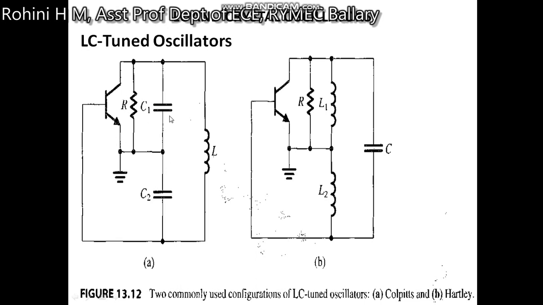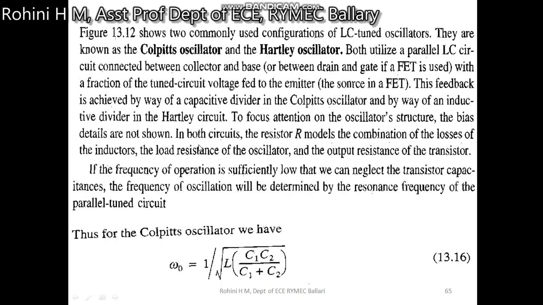Here the two capacitances in combination are connected in parallel with this L. Here two inductances are connected in parallel with this C. C is connected in parallel with these two, L is connected in parallel with these two. So next, the figure shows the two commonly used LC tuned oscillators. They are known as Colpitts and Hartley oscillators.